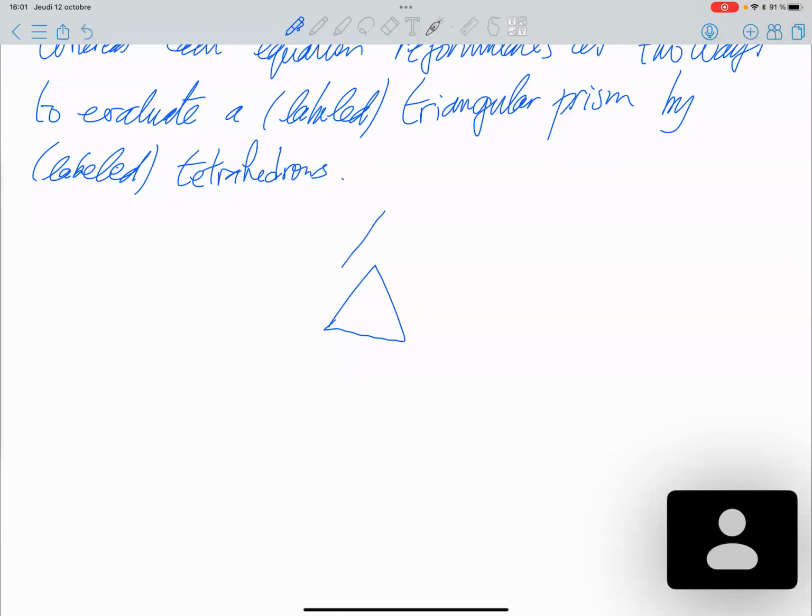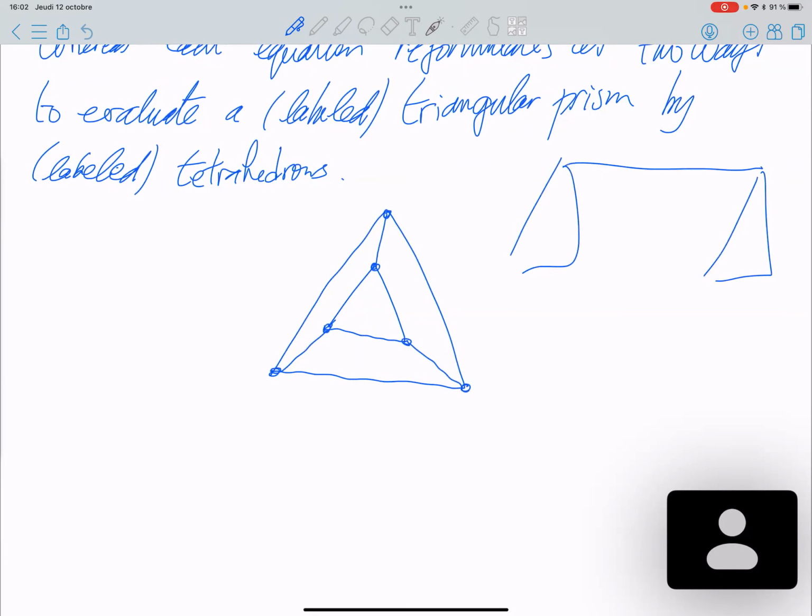You have two triangles, one inside the other. And so you have the vertices and edges like that. So this is a graph of a triangular prism. And you can imagine it in 3 dimensions. It's like a tube with a slice of triangle. So you have a kind of tube like that.